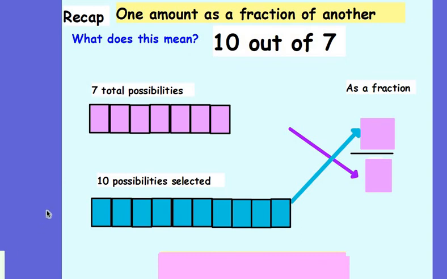So what can you tell me about my fraction, Abby? What do you reckon? You're right, that fraction is going to be over 1. It's going to be a top-heavy fraction.